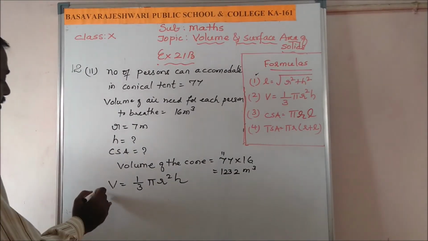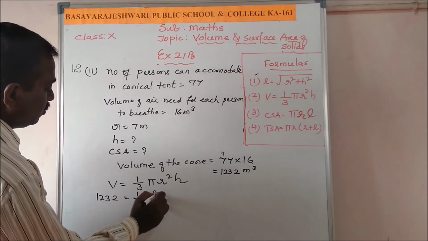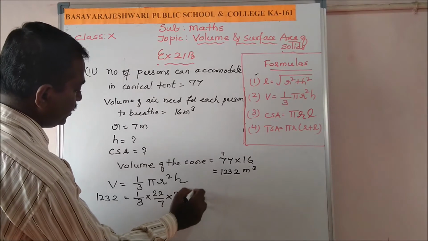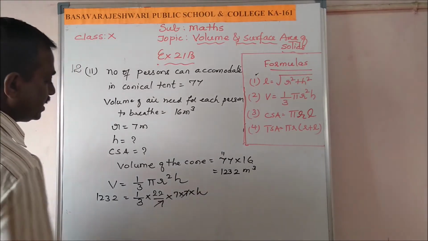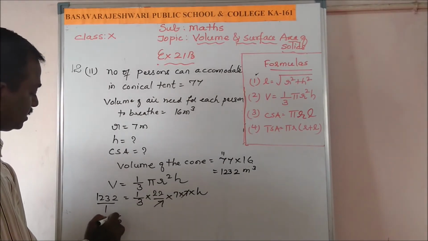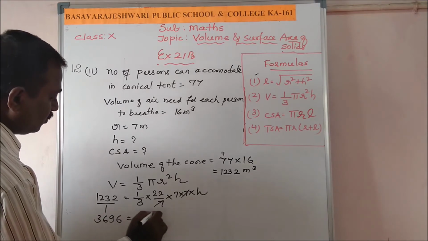So 1232 is equal to 1 by 3 into 22 by 7 into r, that is 7, into 7 into h. 7, 7 cancels. Cross multiply: 3696 is equal to 154 h.